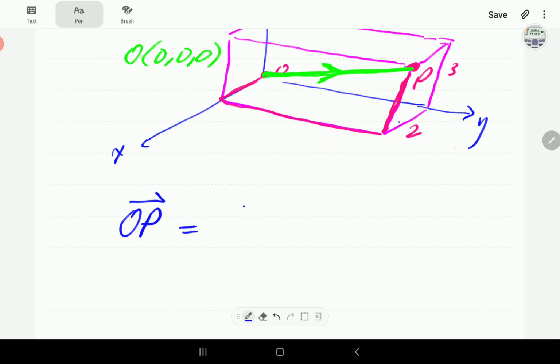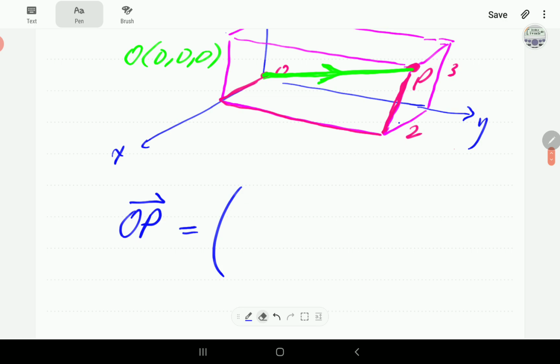Once it's got direction and magnitude, we call it a vector. One way of denoting vectors is by using the column vector notation.